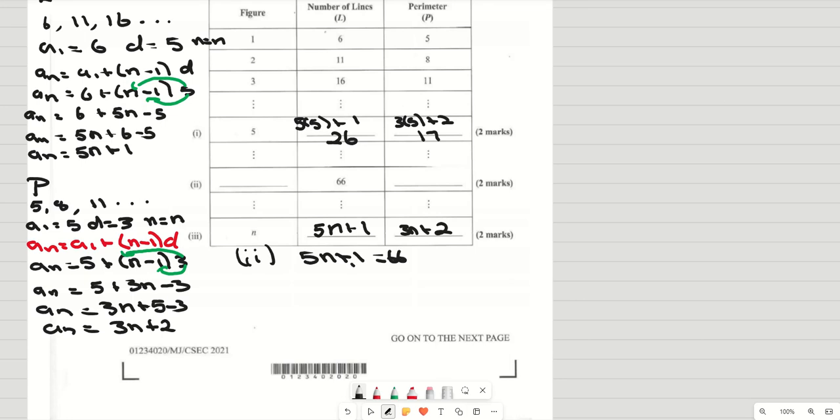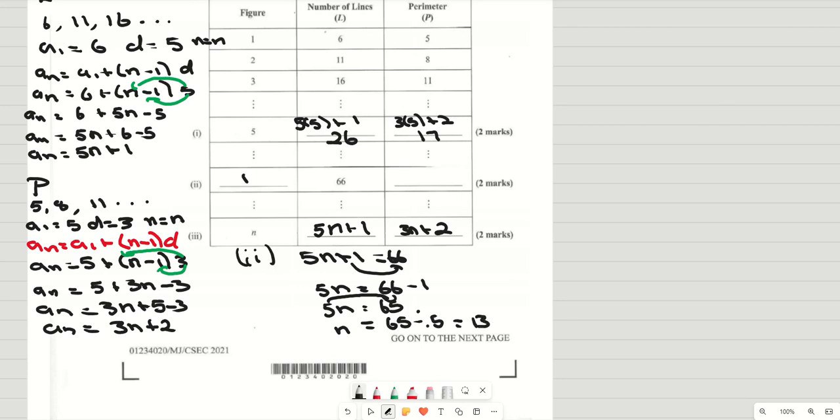Make N the subject: you carry across 1, so 5N is equal to 66 minus 1. Then you get 5N is equal to 65. Carry across 5, 65 divided by 5 is equal to 13.